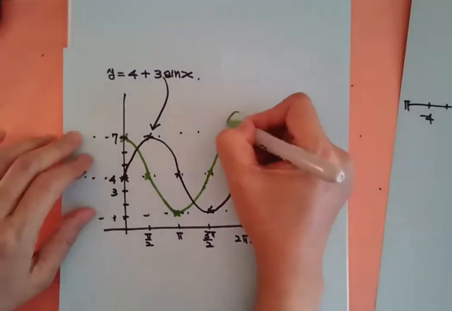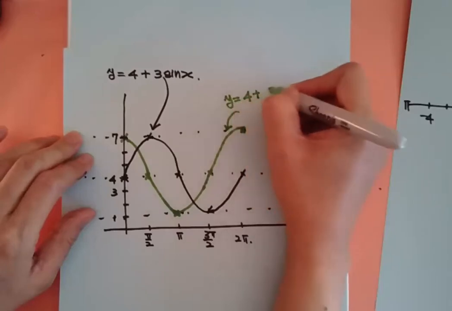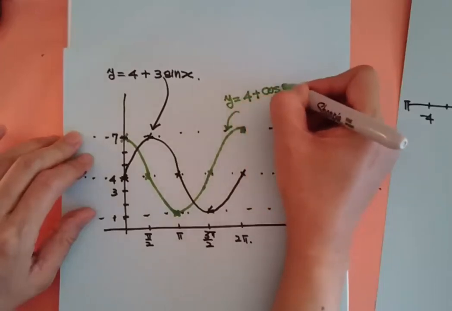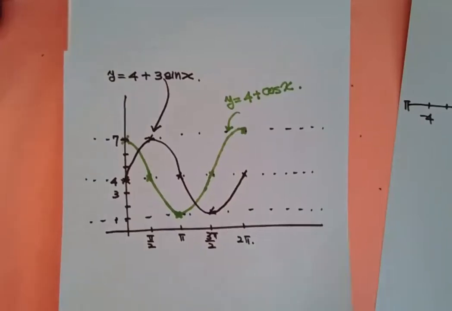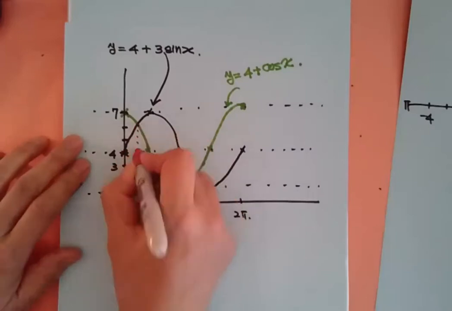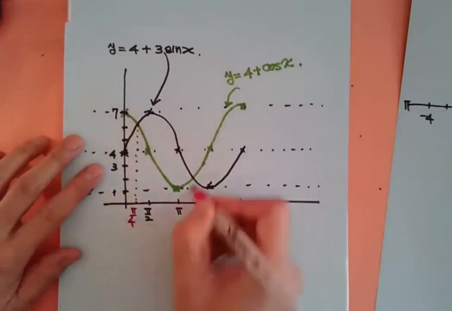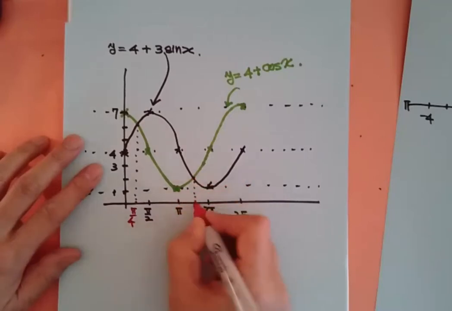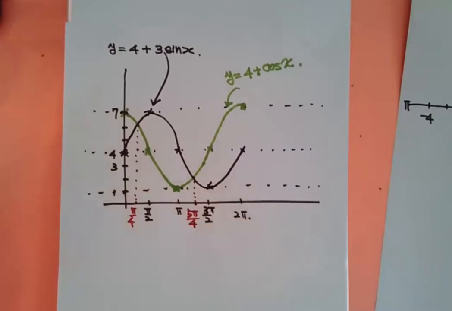This is y equals 4 plus cosine of x. And what we calculated was this intersection point, which is pi over 4, and this intersection point is 5 pi over 4.